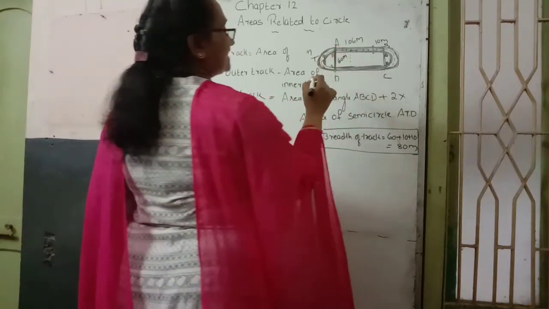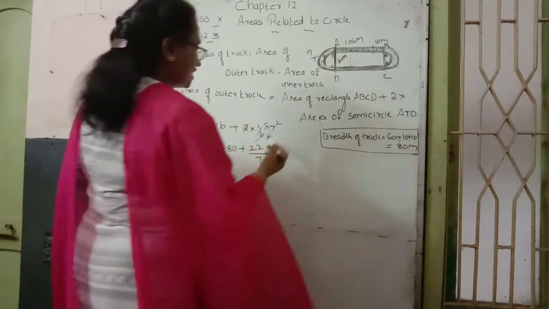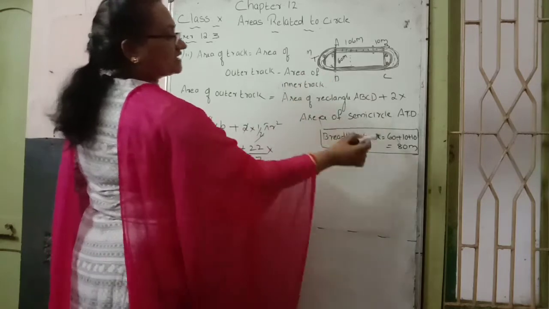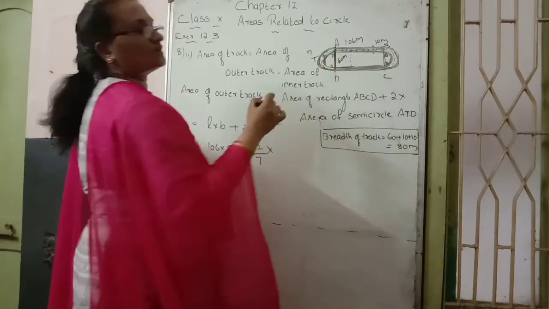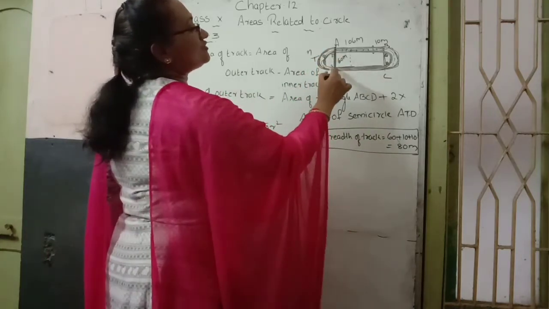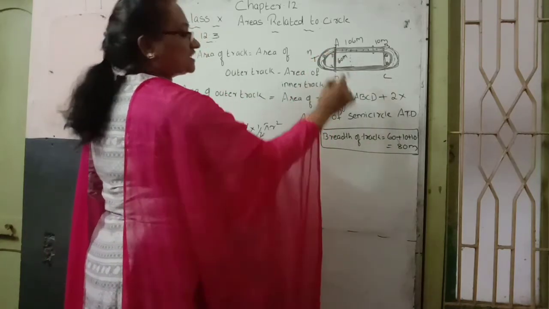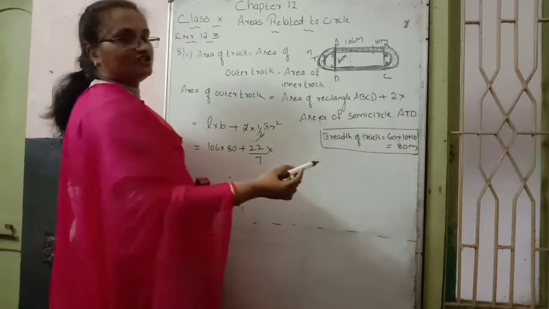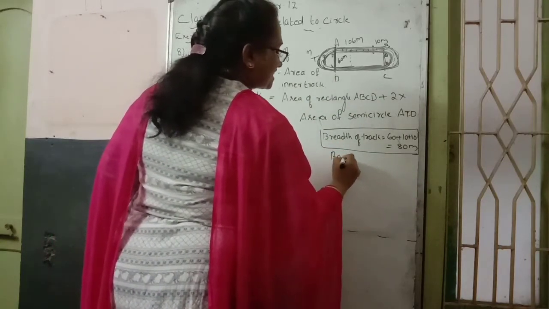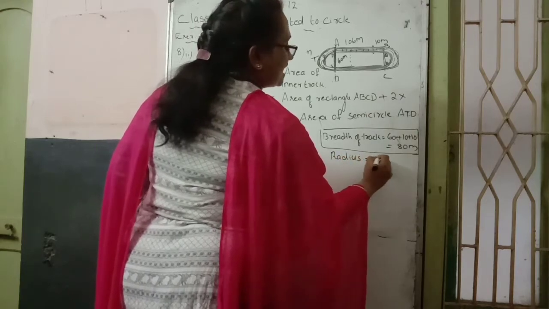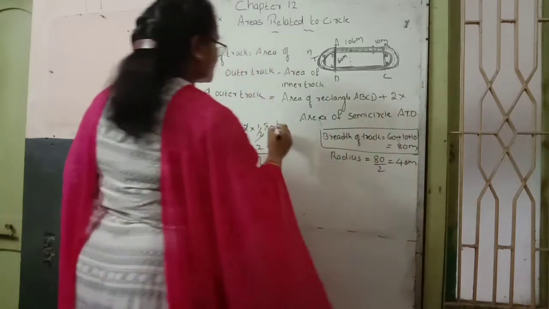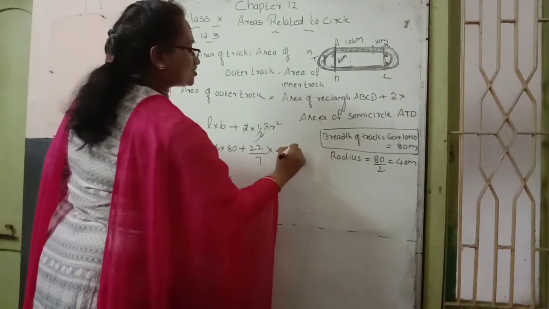So we want the radius. The diameter: A to D distance is equal to the breadth of our rectangle. The breadth of the rectangle is equal to the diameter of our semicircle. The breadth of the rectangle is 80. That's why the radius is half of 80, that is 40 meter. So here for R we can substitute 40.